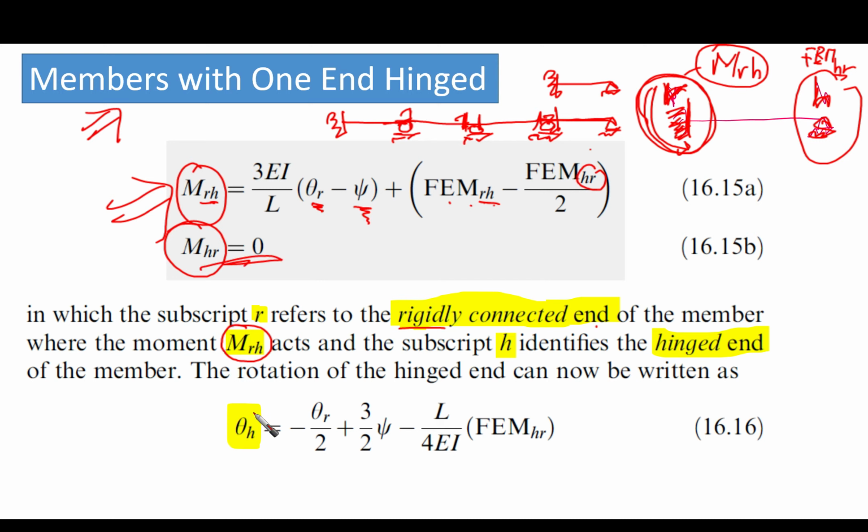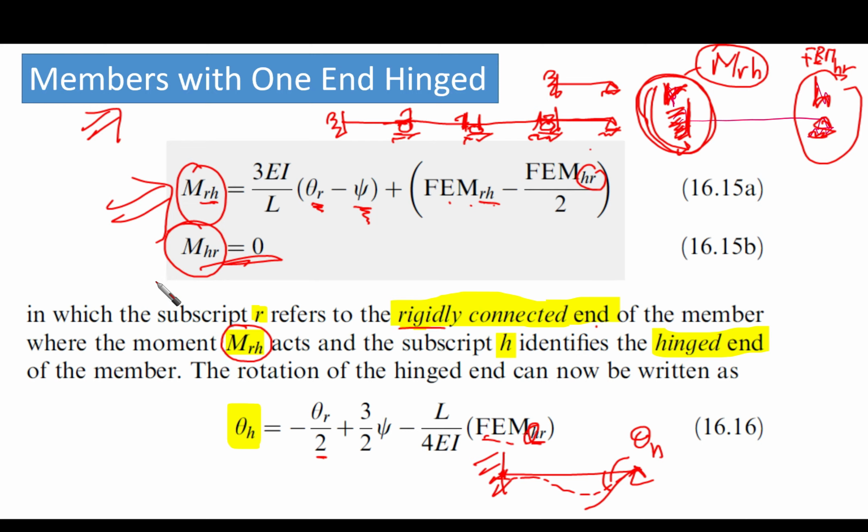Based on this, theta H is the rotation of the elastic line that is going to take place here if we have the moment. So theta H is going to equal theta R, the rigid end rotation, over 2, plus 3 over 2 psi, minus L over 4 EI times the fixed end moments HR that are going to be developed at the hinged end.